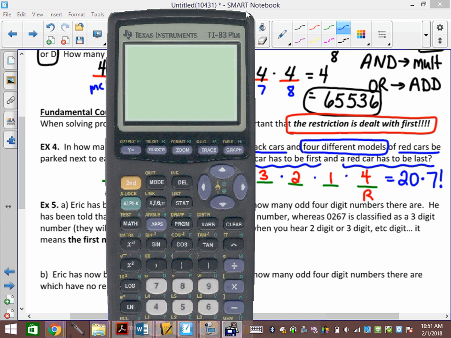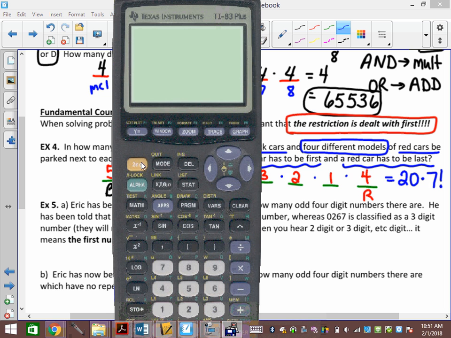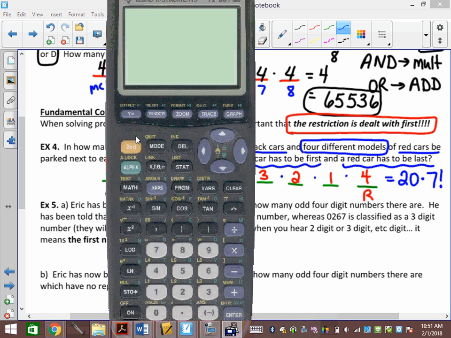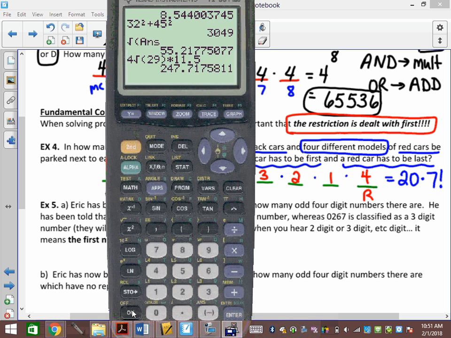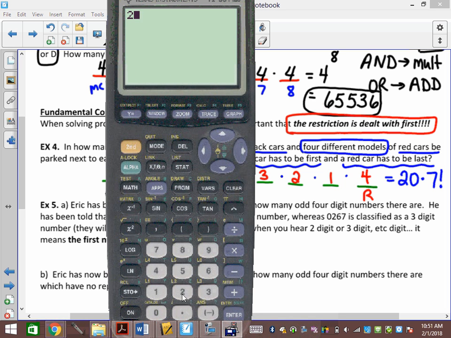So you're going to go 20 times 7, math, and I only have to arrow over once, but if you have the fancy ones that are colored, you have to arrow over twice to get the probability. So PRB, and you pick number 4.